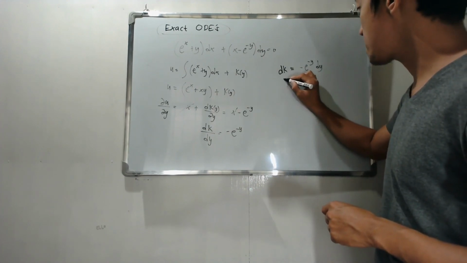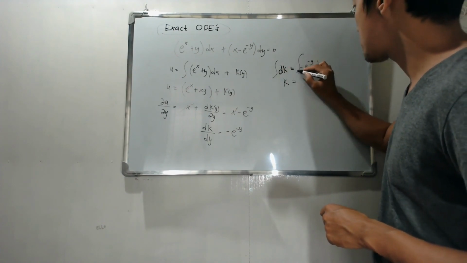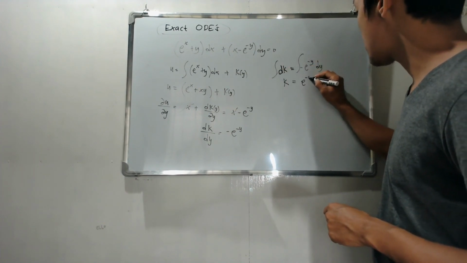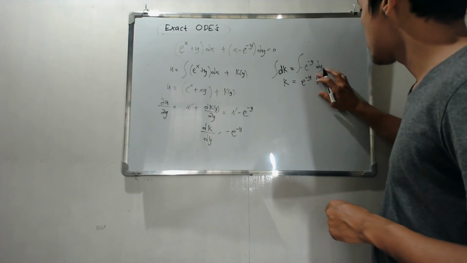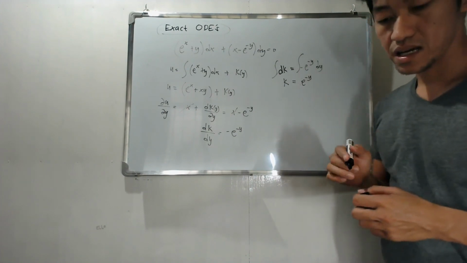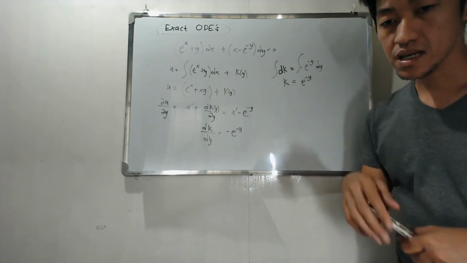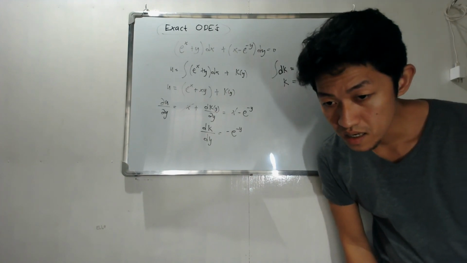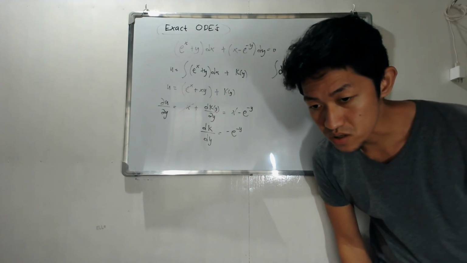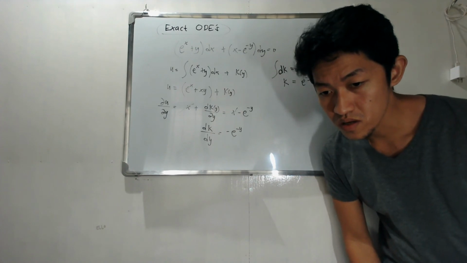If you integrate this one, you will get e to the negative y plus c. You can add plus c here, but anyway, you will group it together at the end of the expression.